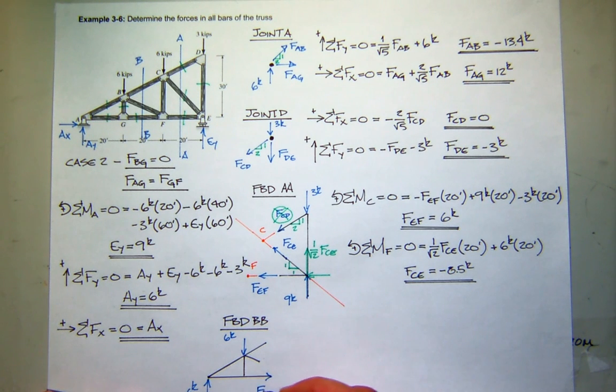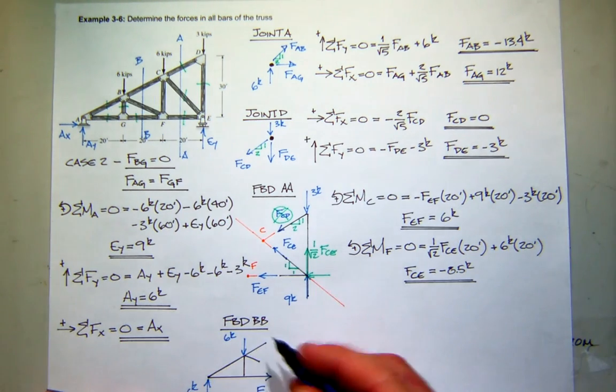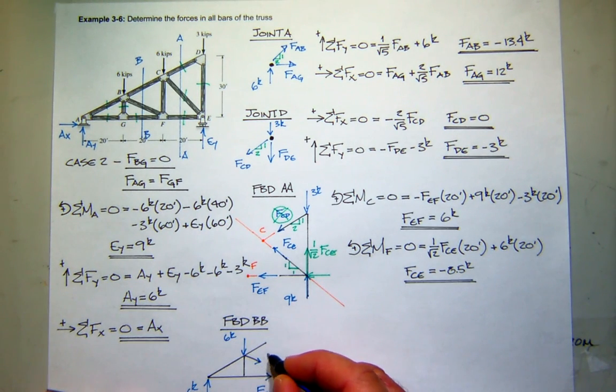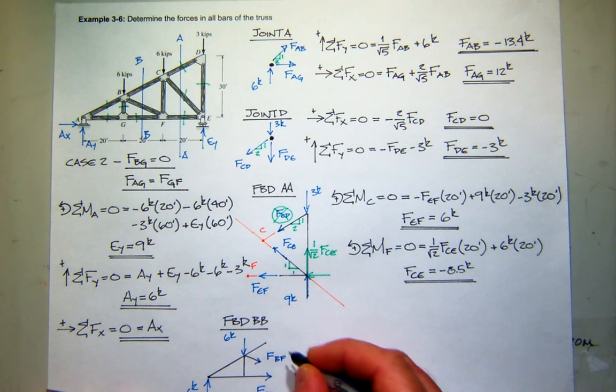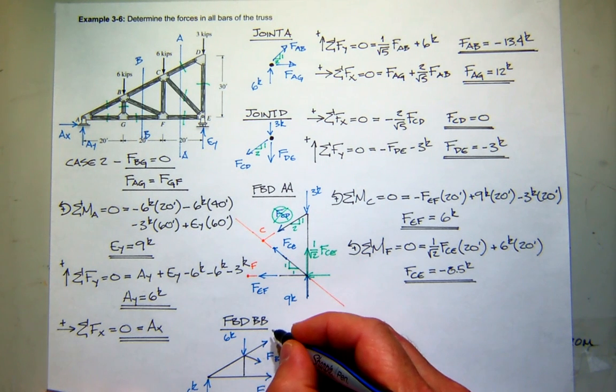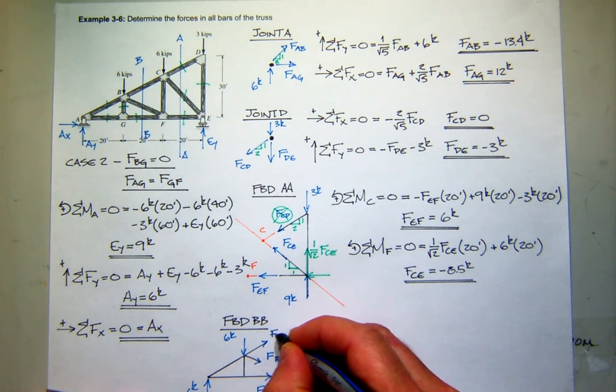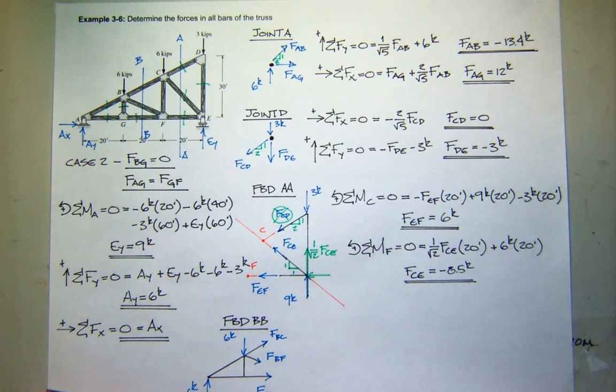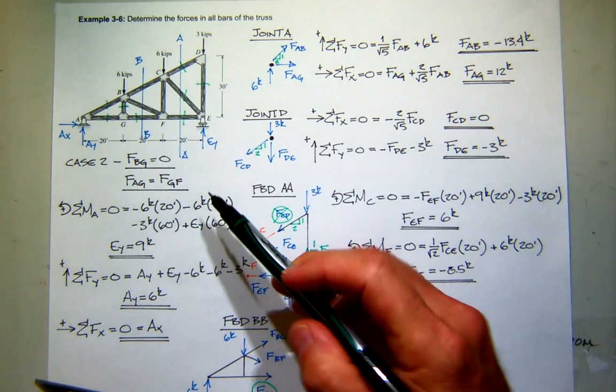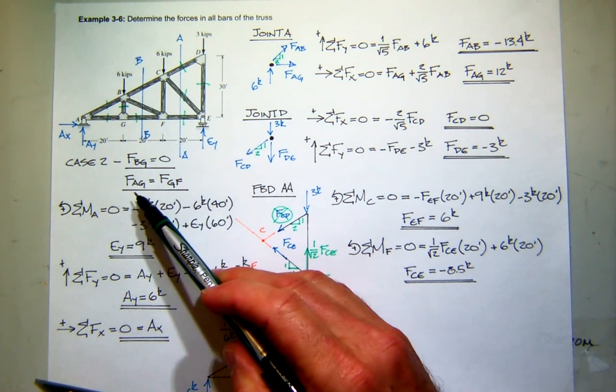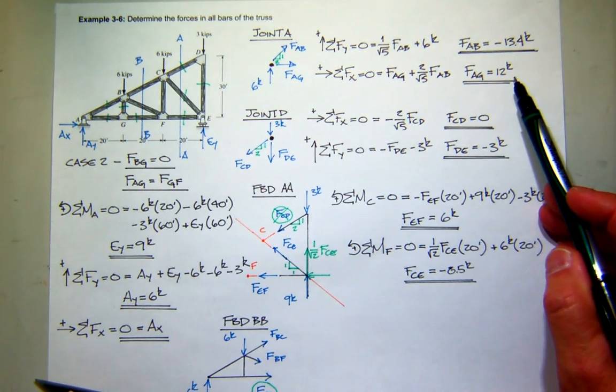The force in FG, which actually we already have, the force in BF, which we don't, and then the force in BC, which we need. So I'll go ahead and circle this one because we've already solved for it. Remember, GF was equal to AG, and AG was 12, so I know that value.